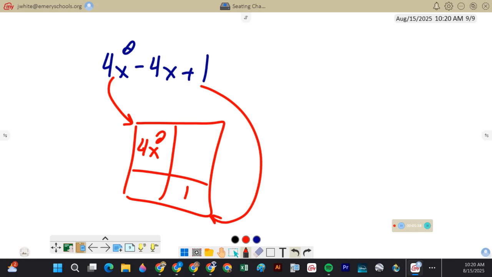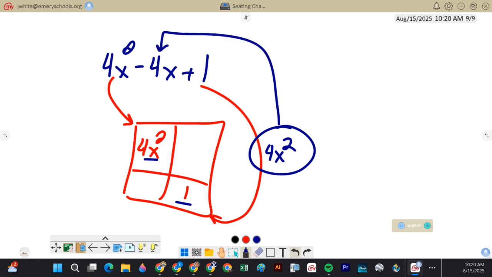So I now multiply those two together, and I get 4x squared. And now I factor 4x squared to create my multiply number. Two numbers that multiply to be 4x squared and add to be negative 4x.